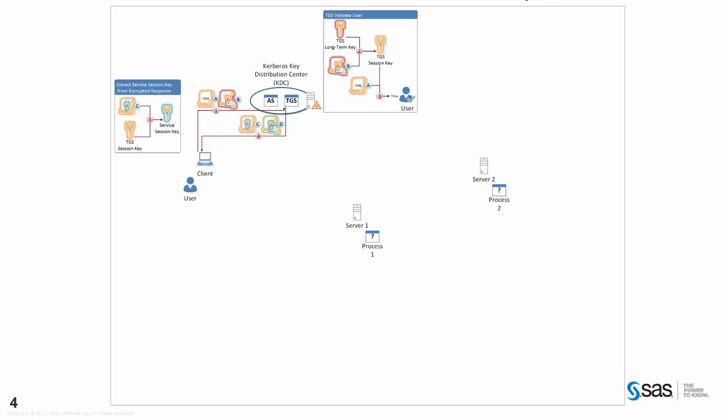When the client receives the KRB TGS response, it takes the encrypted service session key, shown as C in the diagram, and decrypts this using the client's version of the ticket granting service session key. This gives the client access to the service session key for the first service.